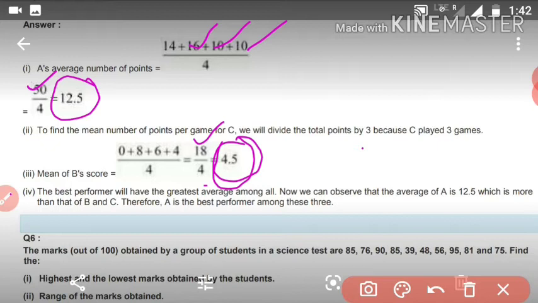Now we can observe that the average of A is 12.5, which is more than that of B and C. So the average of A is greater than B and C. And for C it will obviously be less because C played only 3 games. Therefore A is the best performer among these 3.